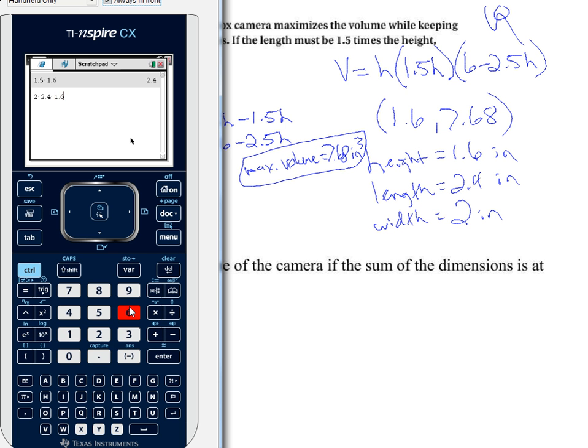And what should I see for an answer? The y-coordinate for that maximum value, 7.68. There it is. So that's how you do problems like this. When you guys did that box problem, the open top box of maximum volume, this is how I did it.